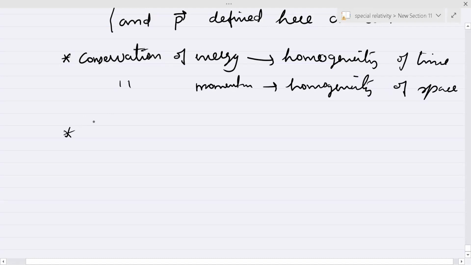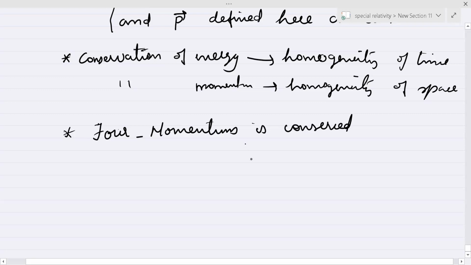Now we have combined energy and momentum into one 4 vector. So we can simply say that together, the conservation of energy and momentum means the 4 momentum is conserved. And the corresponding symmetry we can simply call the homogeneity of space-time.